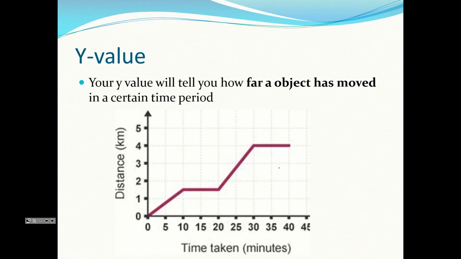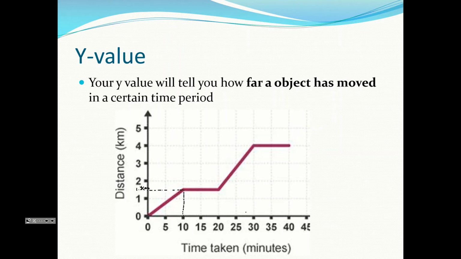Okay, so slope determines speed. Our y value is going to determine something else. Let me switch to black again. Your y value will tell you how far your object has moved in a certain period of time, right? So what we can do is we can take these certain times. If I want to know, well, at 10 seconds, how far has my person gone? I just have to go here to my y value. Oh, they've moved 1.5 kilometers.